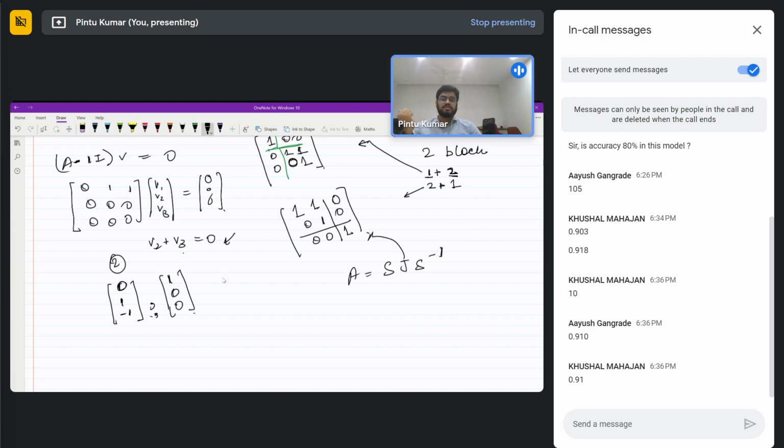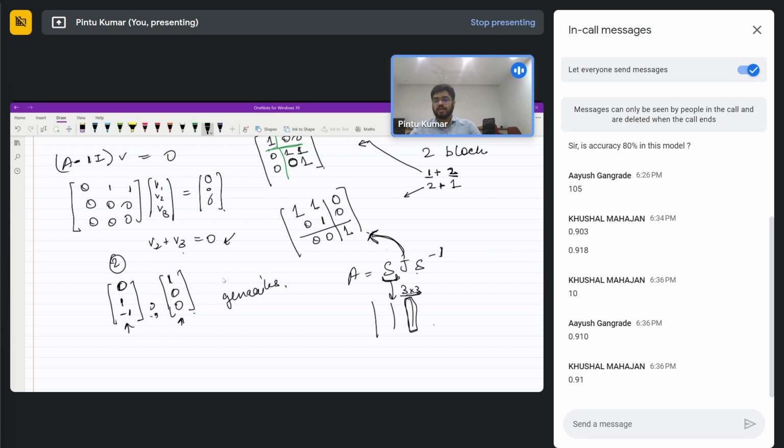We have J, this is your Jordan canonical form. In order to obtain S, its columns will be eigenvectors and generalized eigenvectors. We have two eigenvectors, but we need a matrix of size 3 cross 3, then only it would be invertible. So the last position will be filled by your generalized eigenvector.